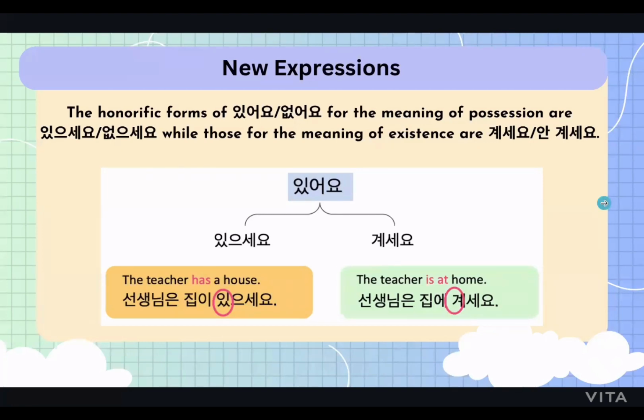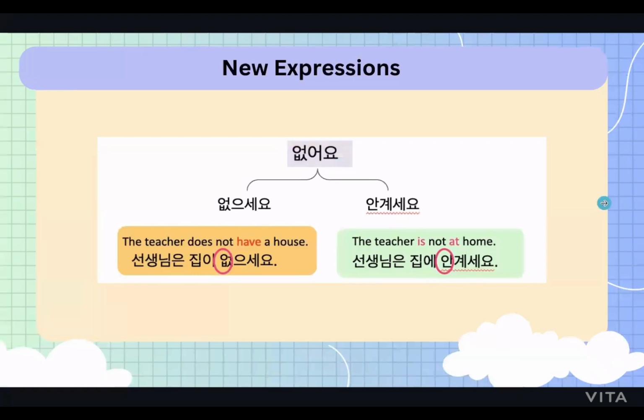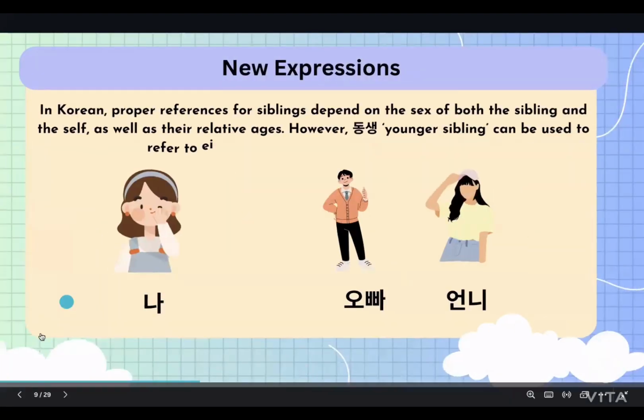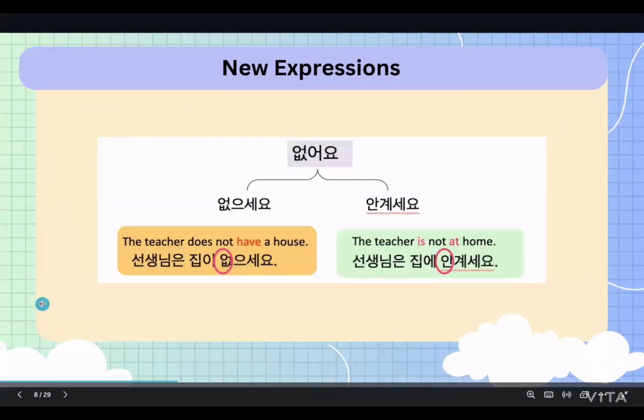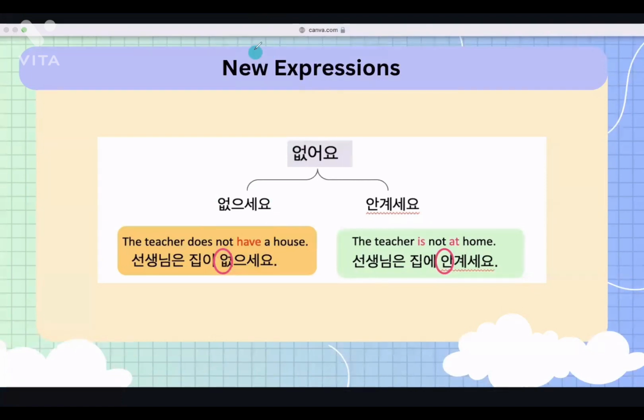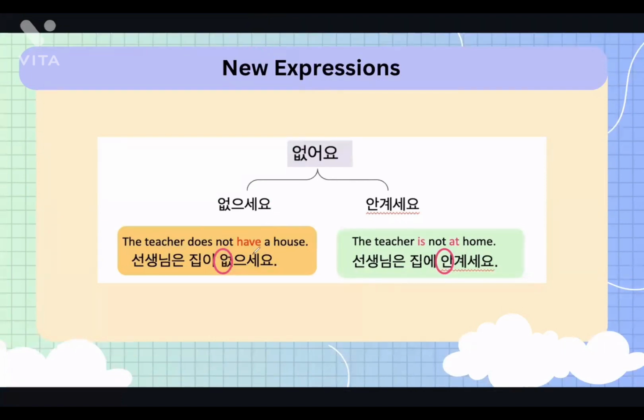Next part. Then what about the negation part? 자, 볼까요? 자, negation part. Just go back quickly. 자, 없어요입니다. Again, 없으세요 is for possession. 안 계세요 means what? The existence part. So for example, the teacher does not have a house: 집이 없으세요. Here the particle is also 이.